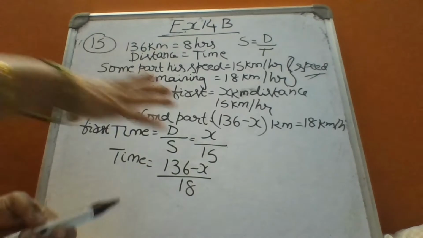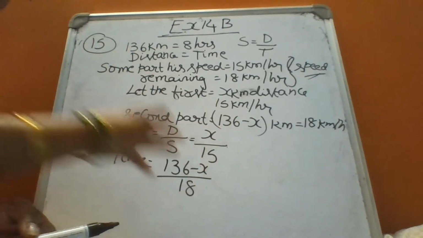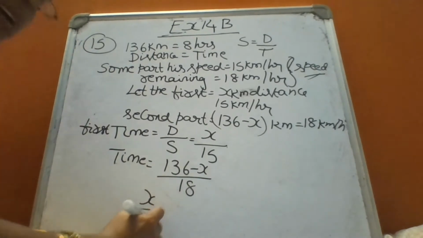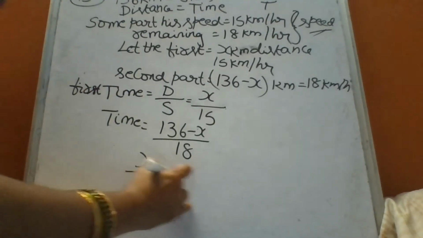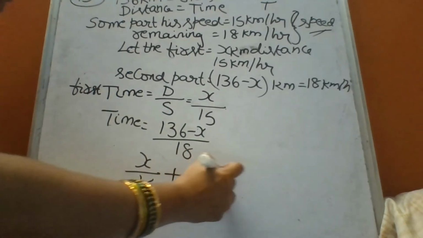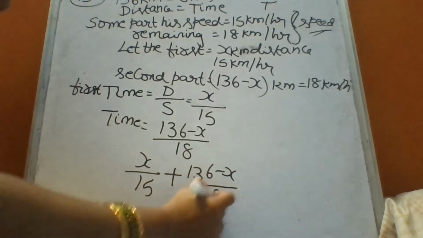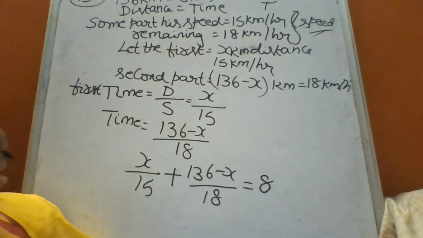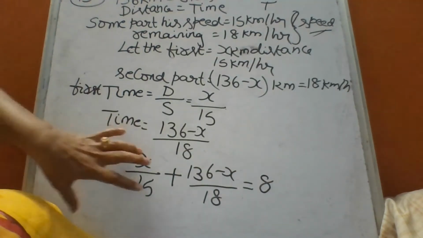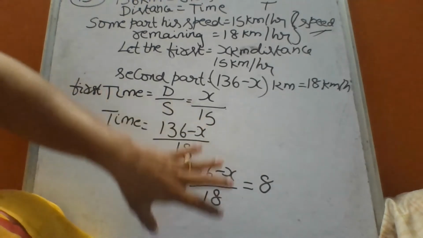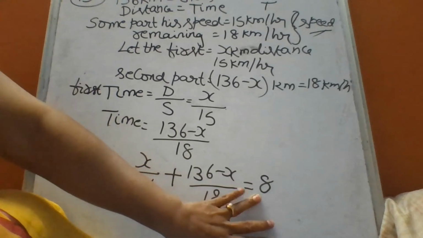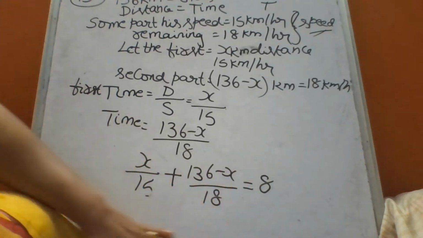That means, for the first part x by 15 and the second part 136 minus x by 18, total time taken according to the question is 8 hours. So, the time taken for first part plus time taken for second part will be equal to 8 hours totally. So, this forms the equation now.